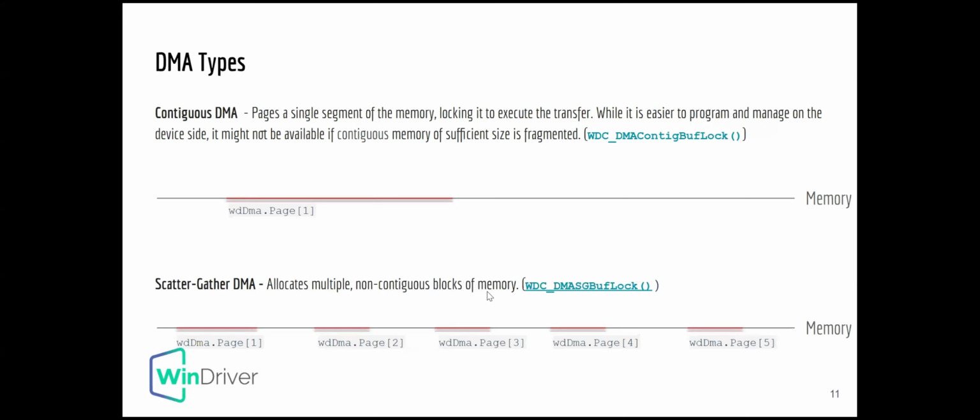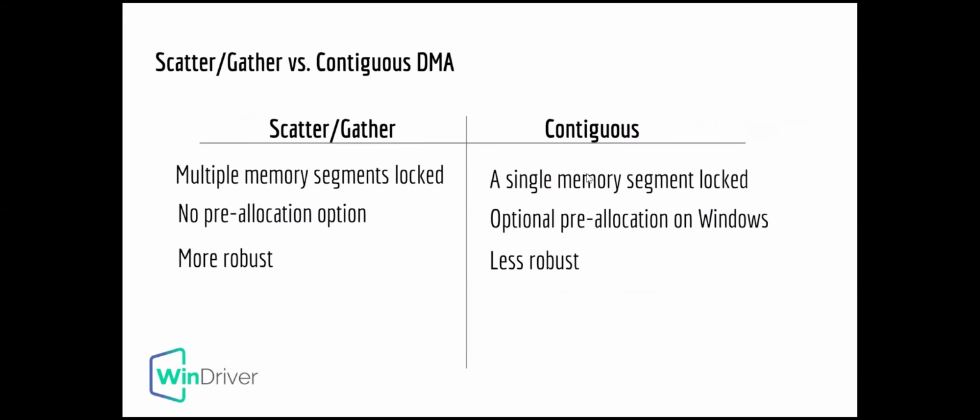The advantages. Let's start from the top. Scatter-gather is more robust, okay? Because if we need a large DMA buffer and we set it to be contiguous, and this memory section is not available in our memory, then the DMA will fail.